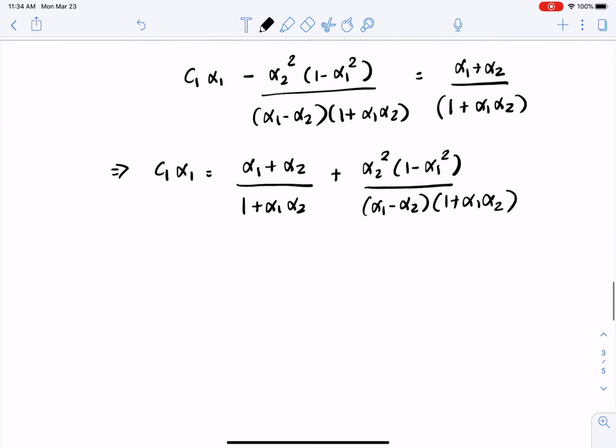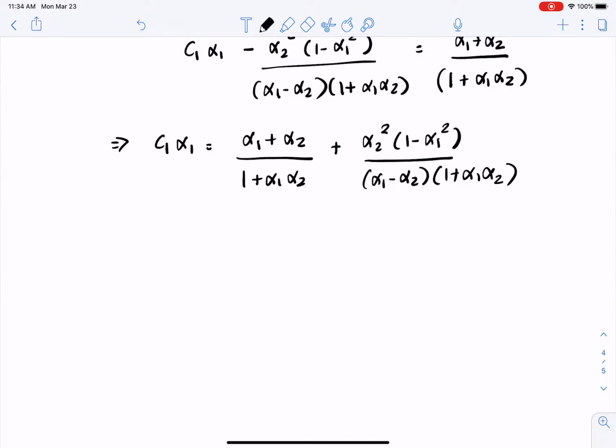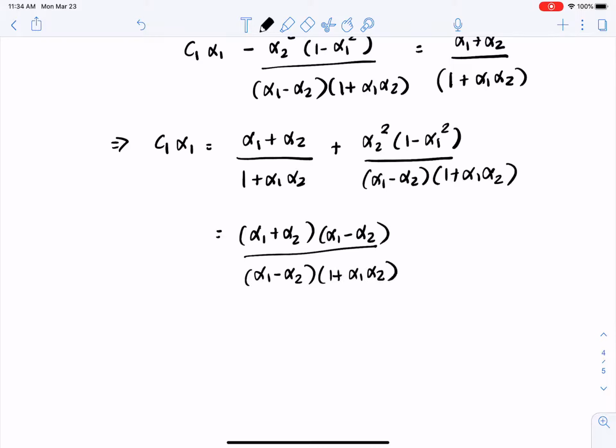When we take the common denominator, we'd end up having (alpha 1 plus alpha 2) times (alpha 1 minus alpha 2) divided by (alpha 1 minus alpha 2) times (1 plus alpha 1 alpha 2), plus alpha 2 squared multiplied by (1 minus alpha 1 squared) divided by (alpha 1 minus alpha 2) times (1 plus alpha 1 alpha 2).